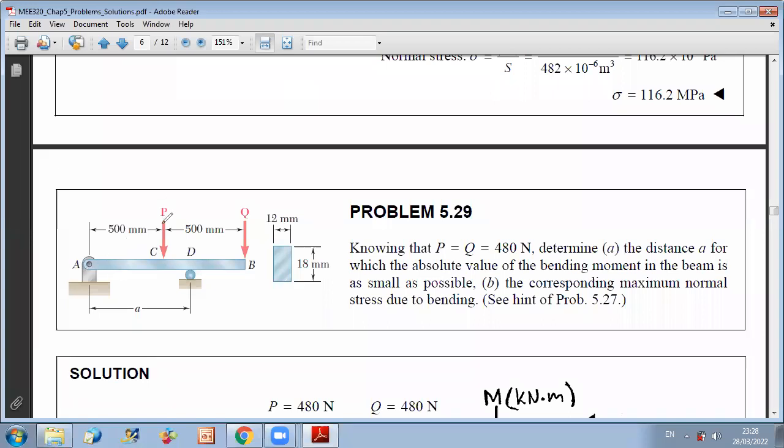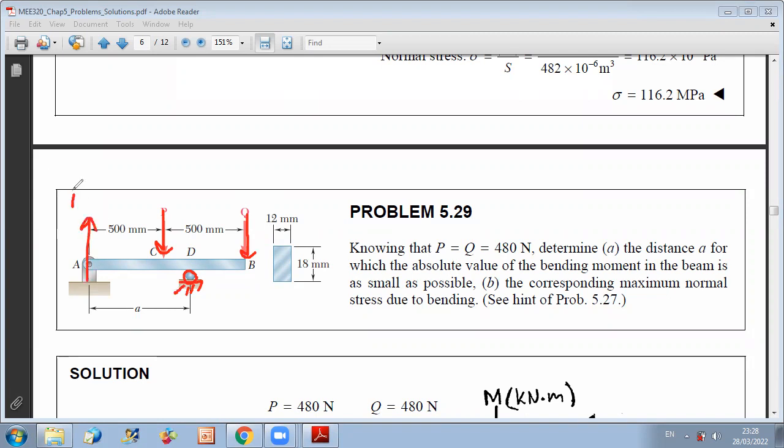We know that it's subjected to forces P and Q at points C and B, and we want to design a certain location of the roller from the pin A. So at A you have a pin, you have a YA axis. You want to design what is the most appropriate location of the roller in a way to reduce the maximum bending moment to which your beam is subject.